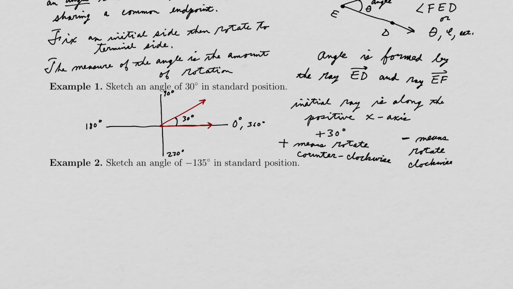Right, so again, in this case, I started along the positive x, that's my initial side. And because I wanted to represent positive 30 degrees, I rotated counterclockwise to the terminal side here.